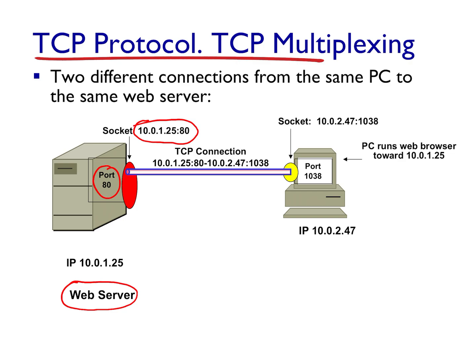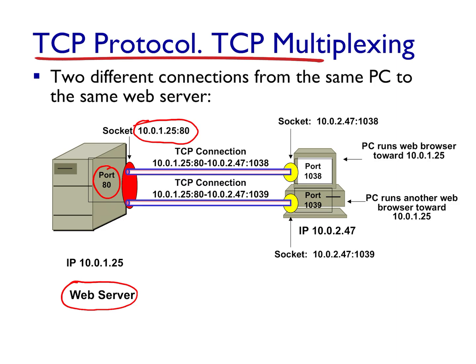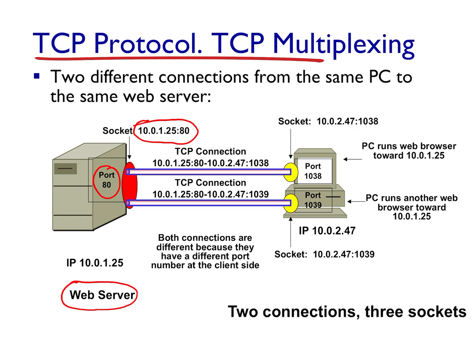For example, I was running Chrome and then I was thinking to move to Safari or to Internet Explorer. No, I'm joking, Internet Explorer never. Firefox, and then I can access the same machine using a different source port, 1039, and a different TCP connection. In this case, we have 2 connections and 3 sockets, divided into 2 at the client side and 1 on the server side, listening to incoming TCP connections.